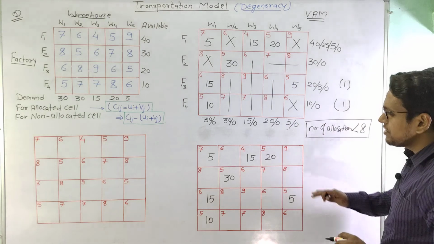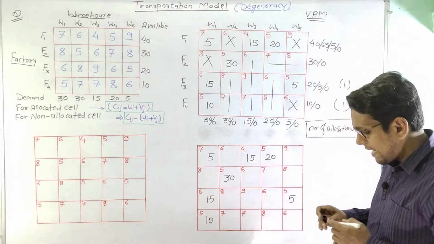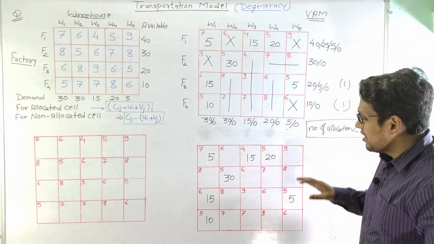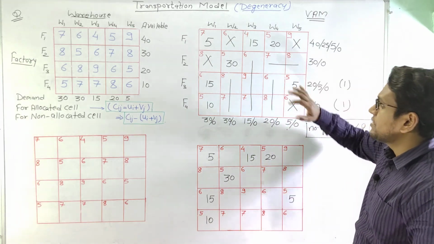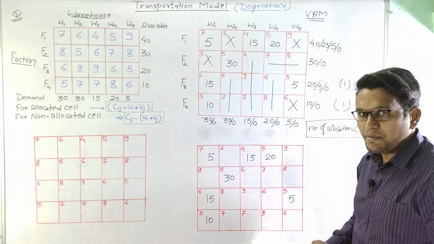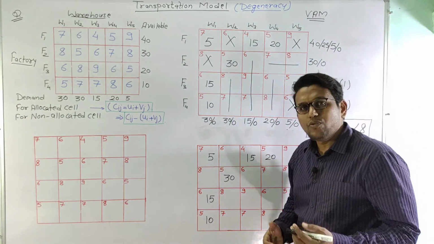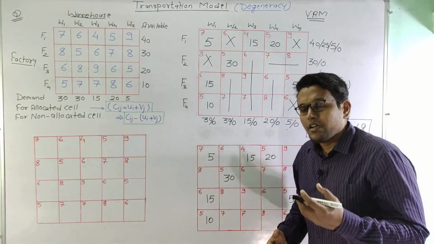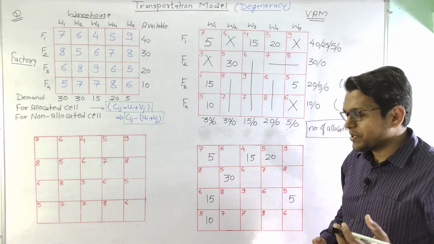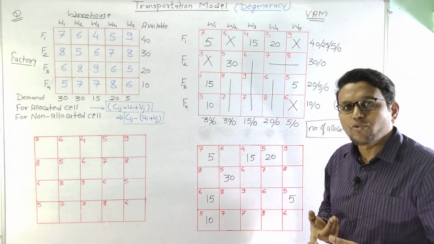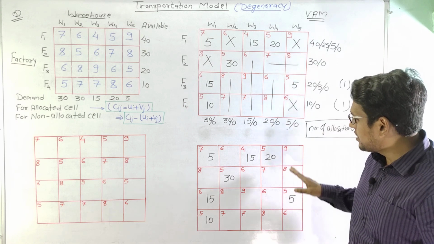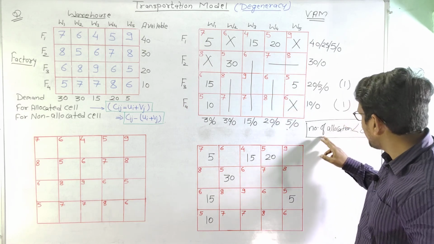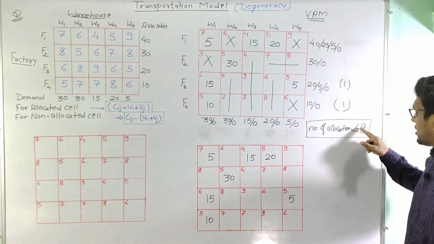So we are having degeneracy here, and what degeneracy means is that degeneracy does not affect our solution whenever we are obtaining a basic feasible solution. But in order to check for optimality by either stepping stone method or by modified distribution method, we need to have all the m plus n minus 1 number of independent allocations.